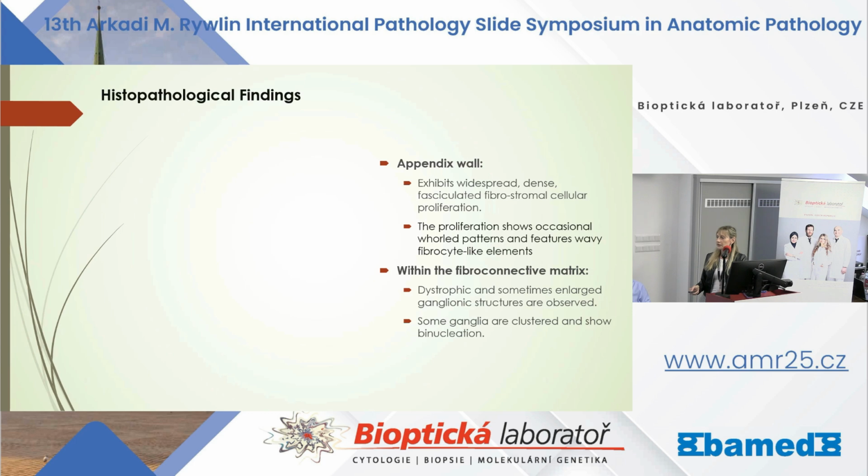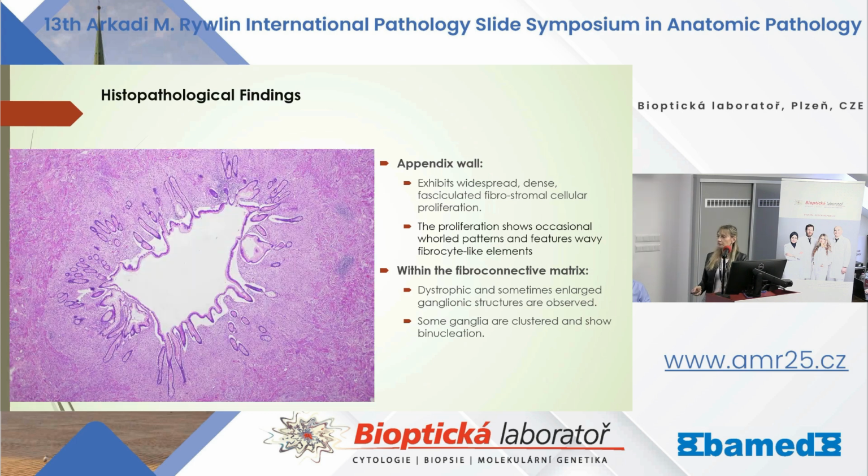The appendix wall has a widespread dense fasciculated fibrostromal cellular proliferation, showing occasional whorled patterns and featuring wavy, Schwann cell-like elements. Within the fibroconnective matrix, dystrophic and sometimes enlarged ganglionic structures were observed, and some ganglia are clustered and show binucleation.